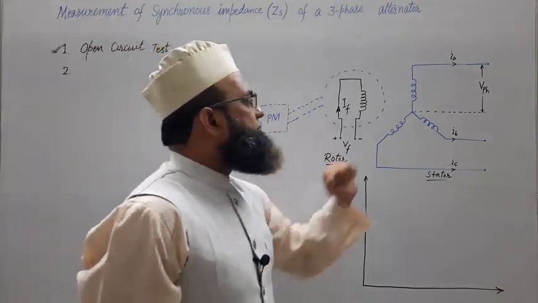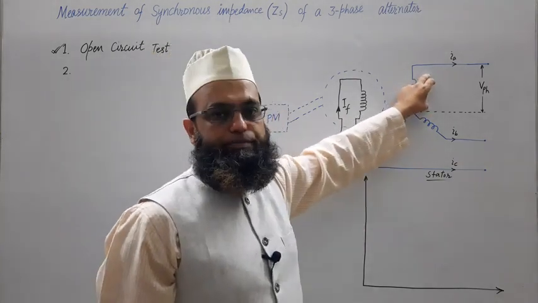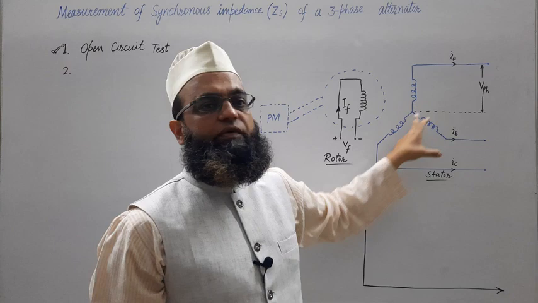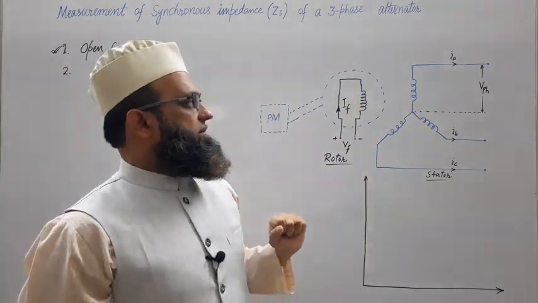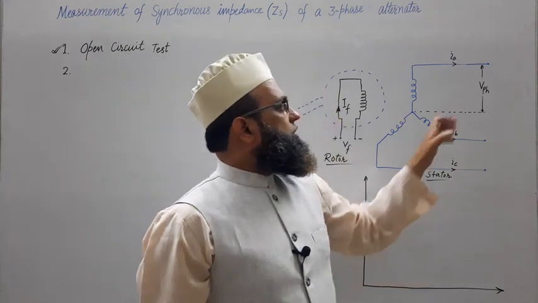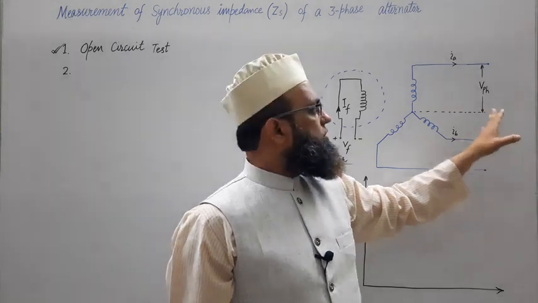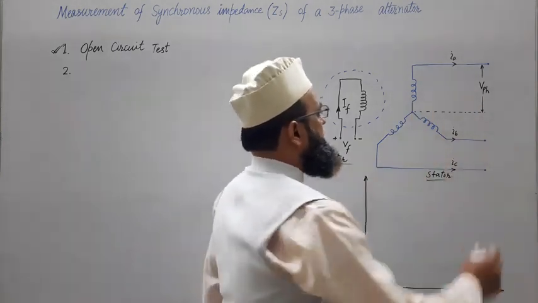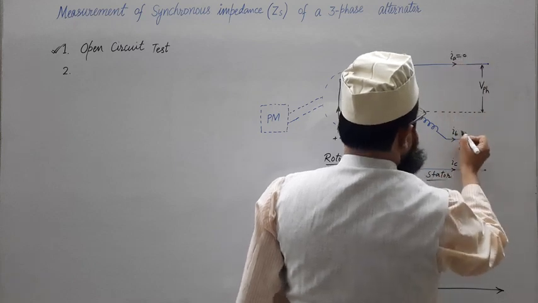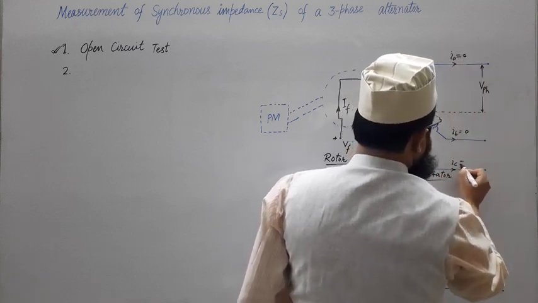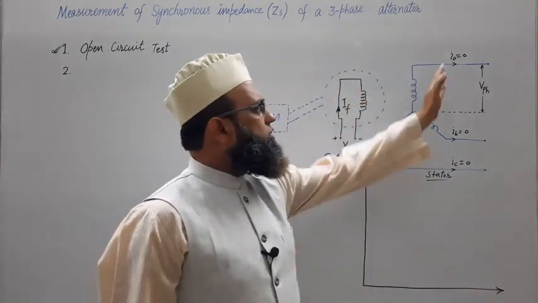Now for a particular value of field current, we know that EMF will be induced in the three phases of the stator winding of this alternator. As load is not connected, that is, terminals are open circuited, the currents in the three phases will be zero, and hence no drop will be there.